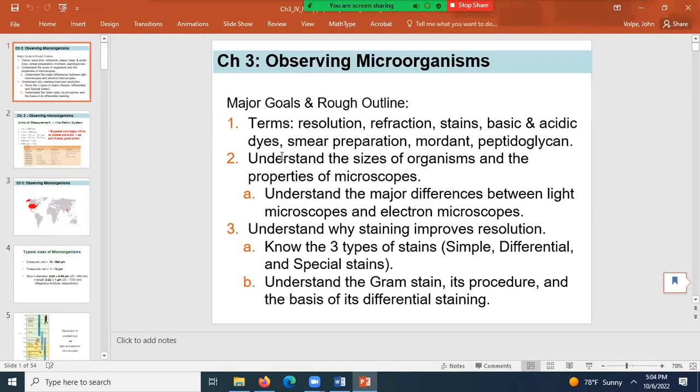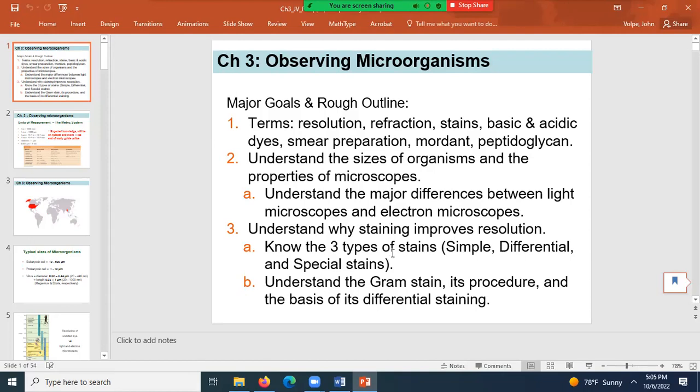And then understand the sizes of organisms and the properties of microscopes. Understand the major differences between a light microscope and an electron microscope. Understand why staining improves resolution. You should also know that there are 3 types of stains: a simple stain, a differential stain, and then special stains.